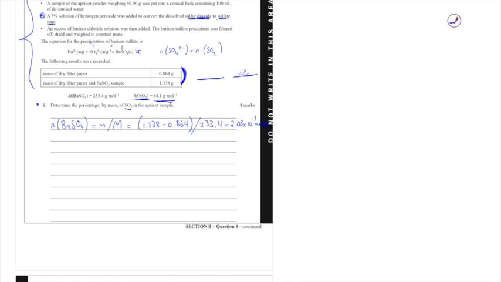Awesome. Now, the moles of barium sulfate, from the chemical reaction right here, we can see that that is equal to the moles of SO4 2 minus. And then from this assumption here, based on that third dot point, I'm going to say that that is equal to the moles of SO2.